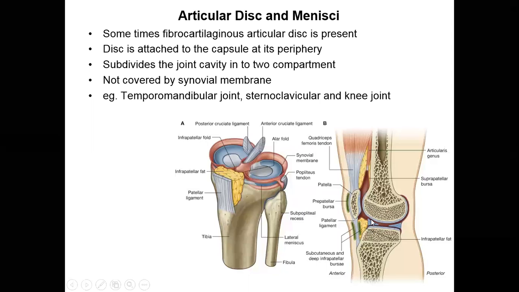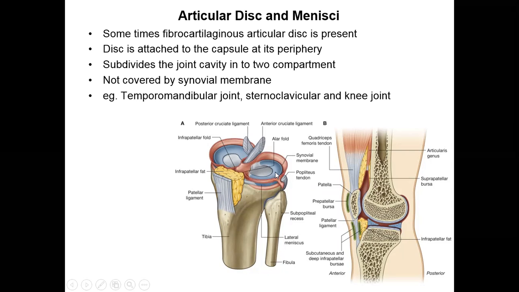So these are two compartments. The single joint cavity is divided into an upper compartment and a lower compartment because of the disc, and the disc is not covered by synovial membrane. The synovial membrane does not cover this area, but it is present on the sides, as you can see here.